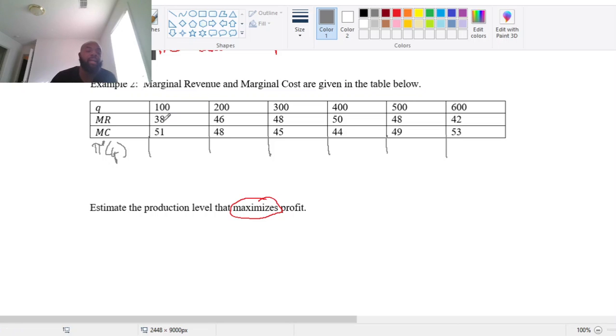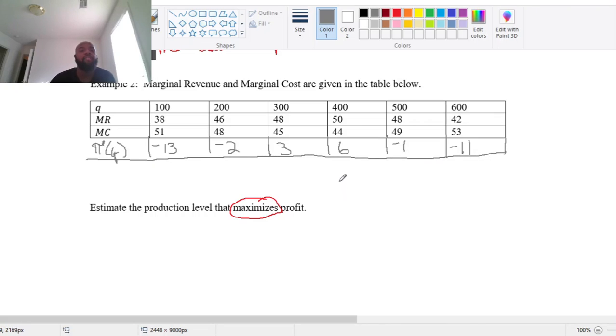So I get 38 minus 11, which is negative 13. So my marginal profit is negative 13. Negative 2, 3, 6, negative 1, negative 11, right? So these are my values of marginal profit here.